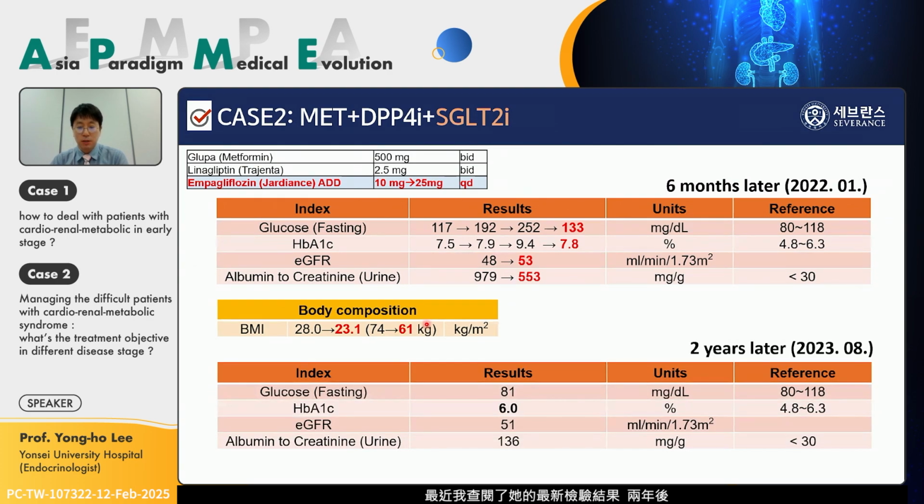Recently I reviewed her labs from our system, and after 2 years she's still using the same medication and is under really good control. HbA1c is 6.0 and GFR is 51, which is stable over the 2 years, and the albuminuria went down a little more to about 130. After that, I recommended she decrease metformin from 1,000 to 500 milligrams.